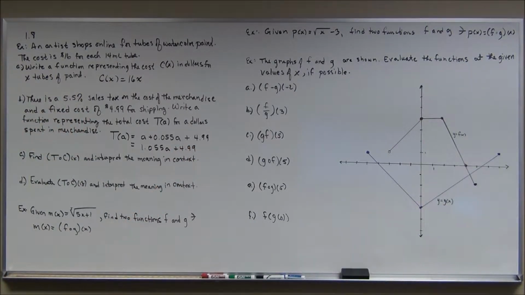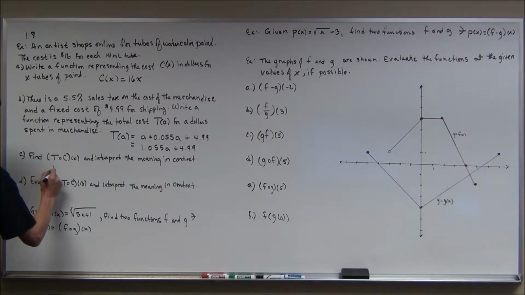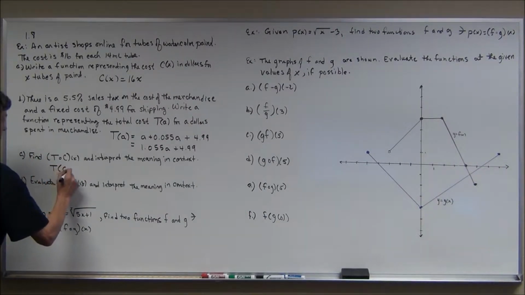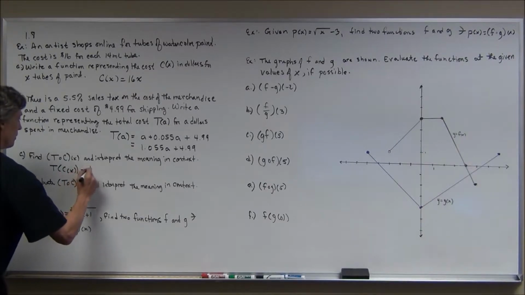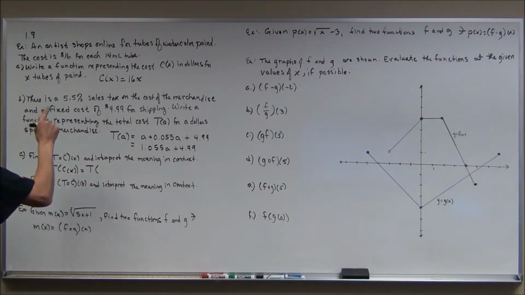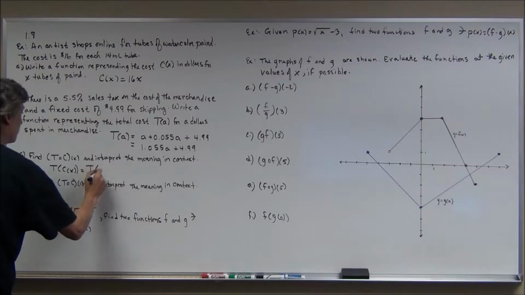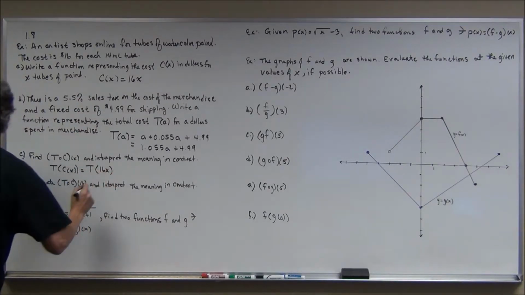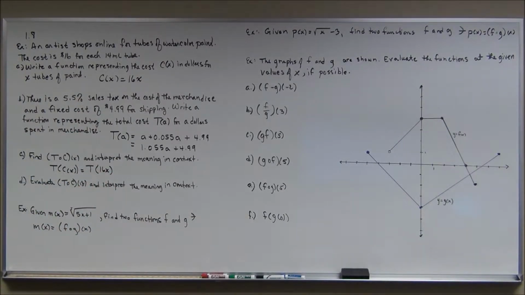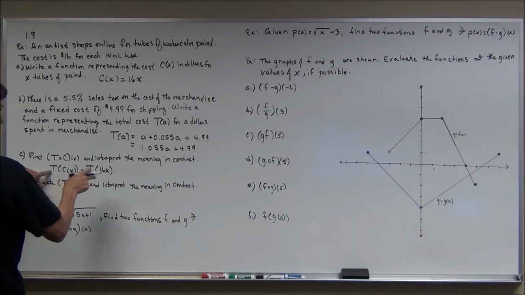Now, if we compose this function and this function, we find T circle C of x. So that would be T of C of x, which would be T of, now in here for C of x, we're going to put 16x. That should make sense. Then we're going to take T of this, so we're plugging this in for the rule here.